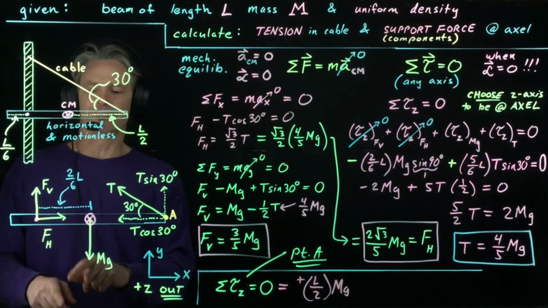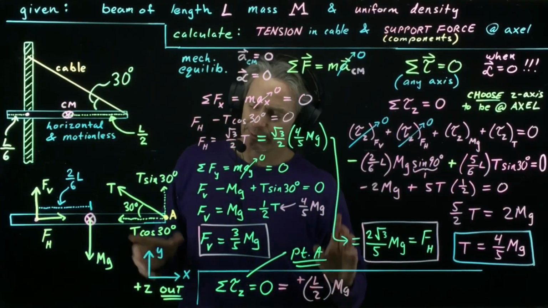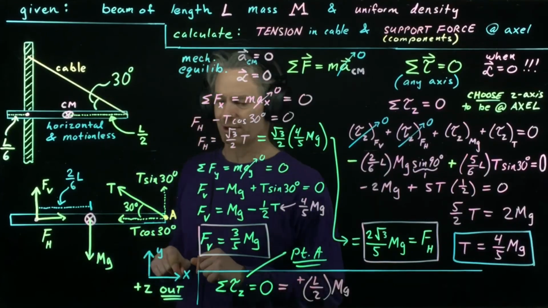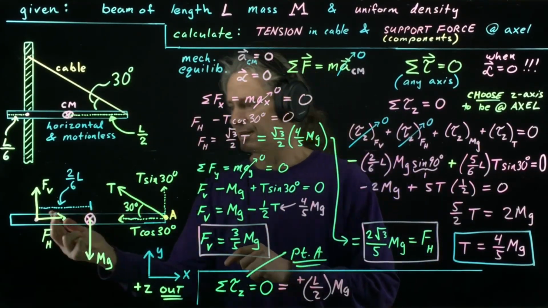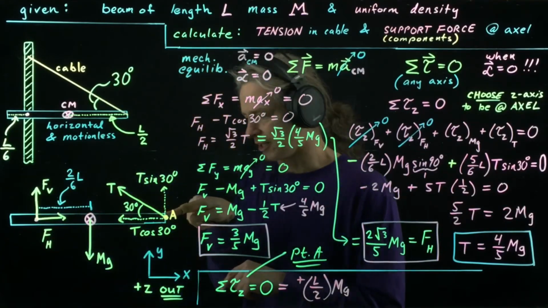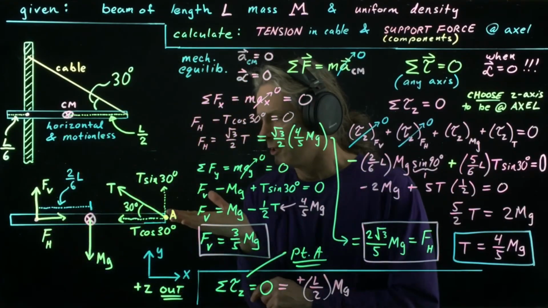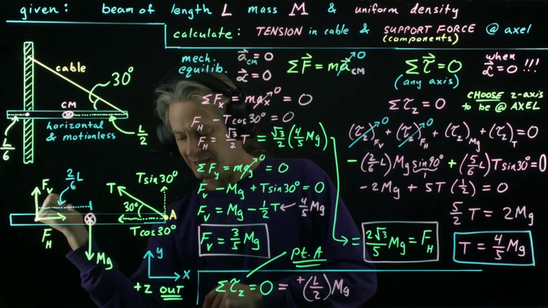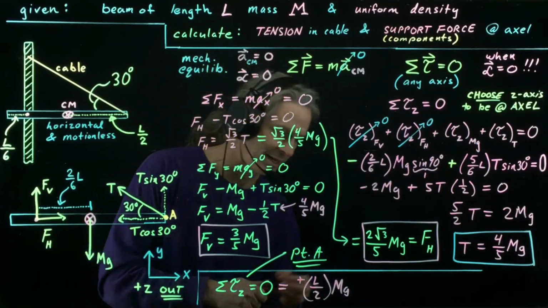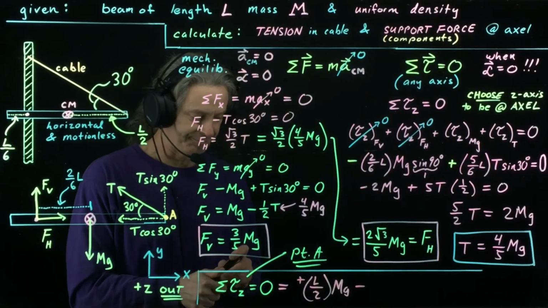Meanwhile, I've got the torque produced by F sub v. Let me work out the sign of that first. Here's my r from there to there. Here's my F this way. So we've got r cross F. R cross F gives me a torque in toward me, in the negative z direction. So I'm going to have minus.